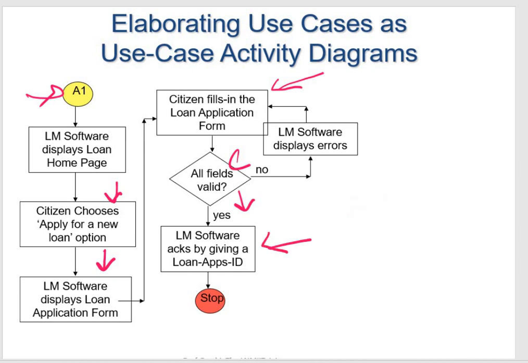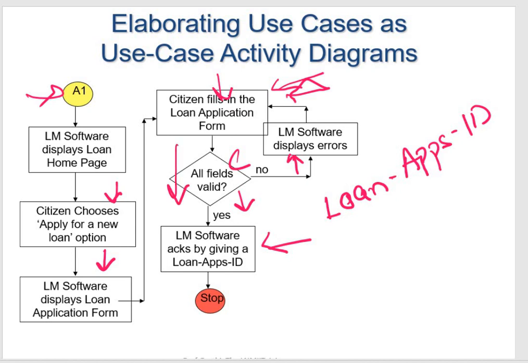So citizen chooses apply for a loan, and my loan management software displays loan application form this time. Citizen fills the loan application form. Once again I need to check if the fields are valid, then loan management software acknowledges by giving loan application ID.